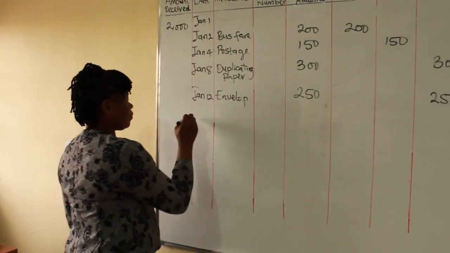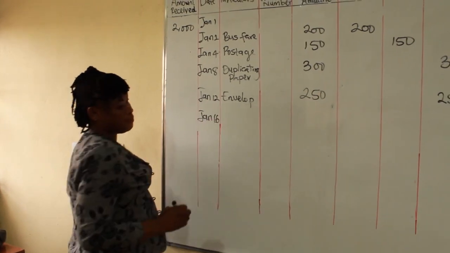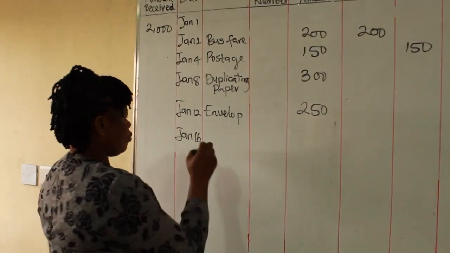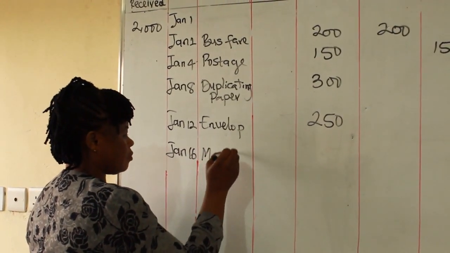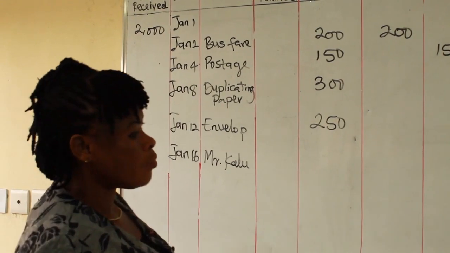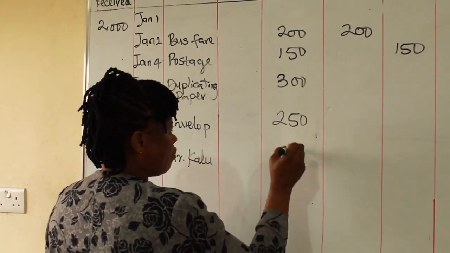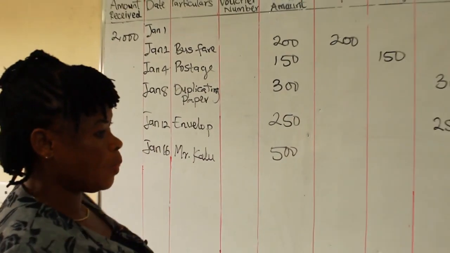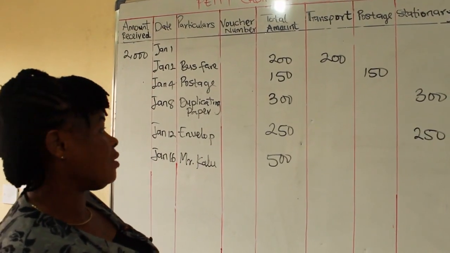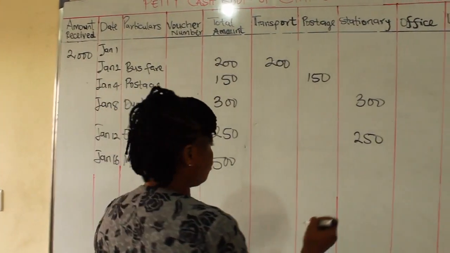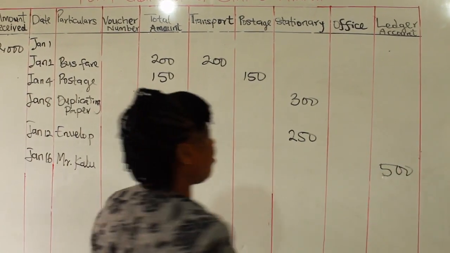So here we have January 16th. You write here Mr. Carlo. The amount is 500 naira. And this amount on the debit side will be posted under the ledger accounts column. 500 naira.